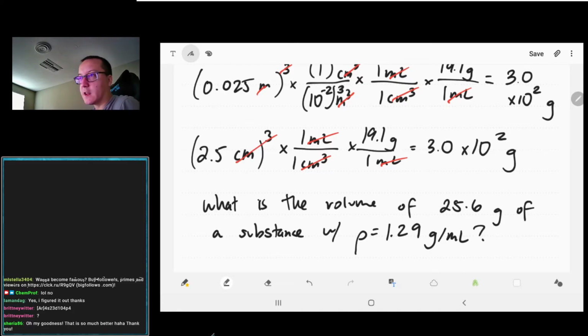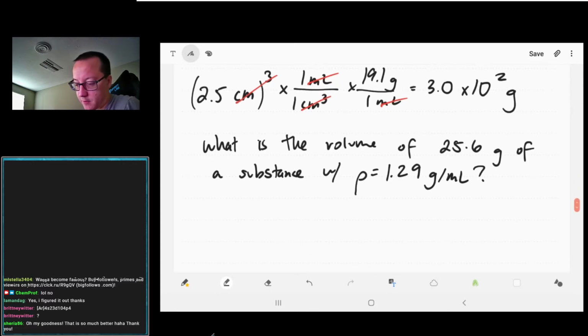Just so we can see it, here's a random one. What's the volume of 25.6 grams of a substance with a density of 1.29 grams per mL?